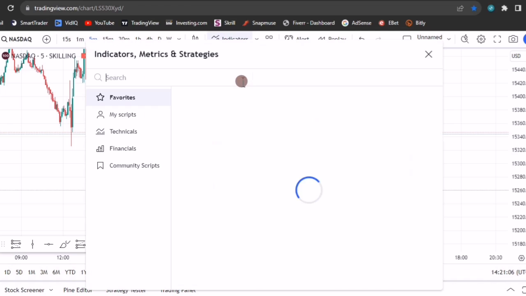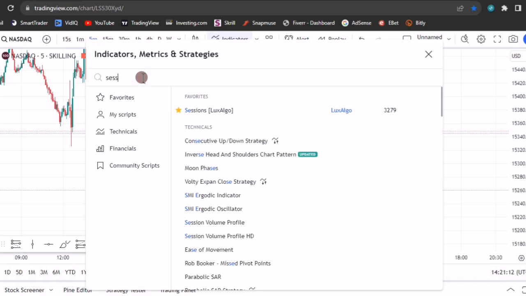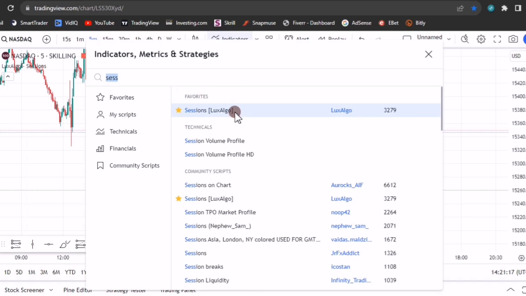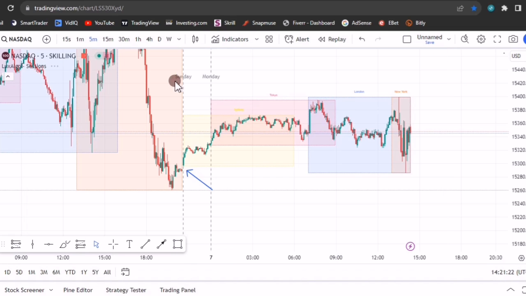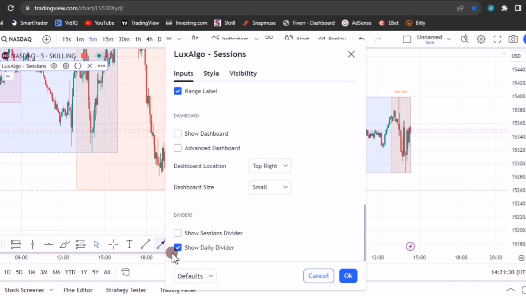Let's put in this one indicator. Let's type in sessions. Just select the first one, sessions by Lux Algo. Let's put in some settings on the indicator. Just go to settings, scroll down to the bottom and check that last box.